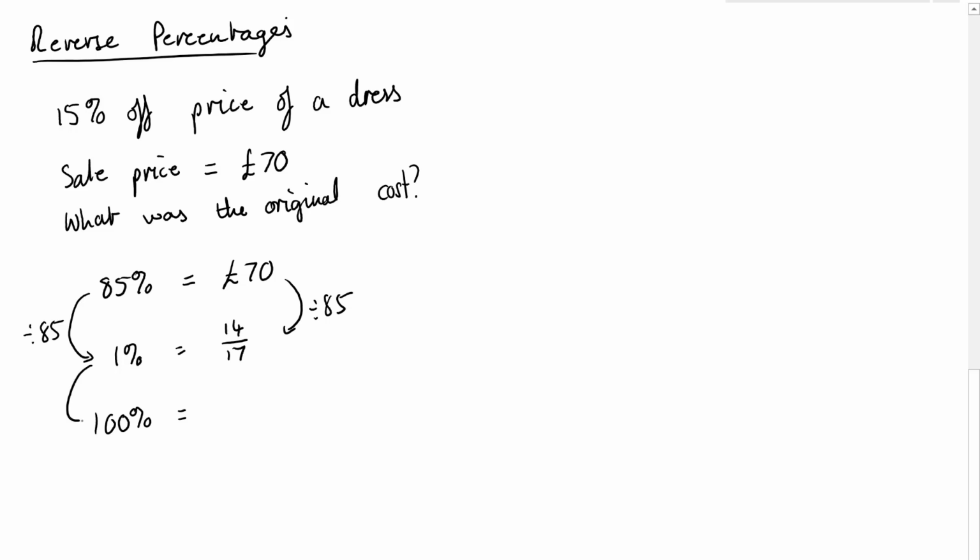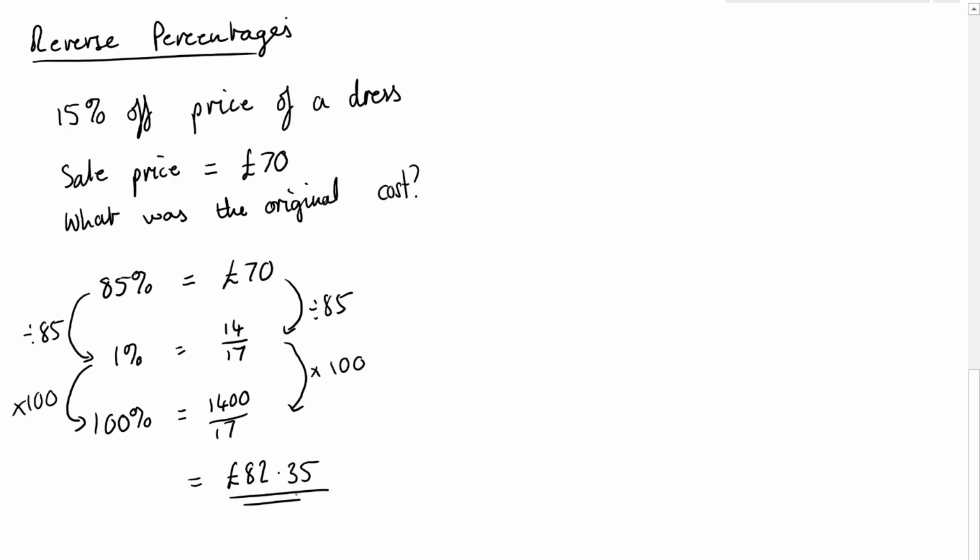So to get from 1% to 100%, we can just times by 100. Same on the other side, times that by 100, and we end up with 1,400 over 17. And this actually is equal to £82.35.